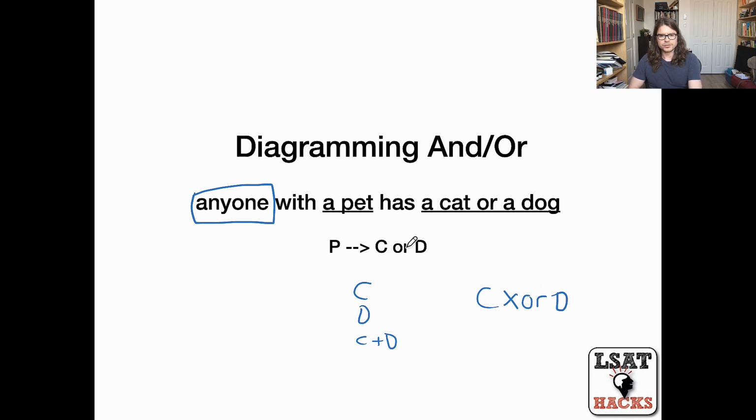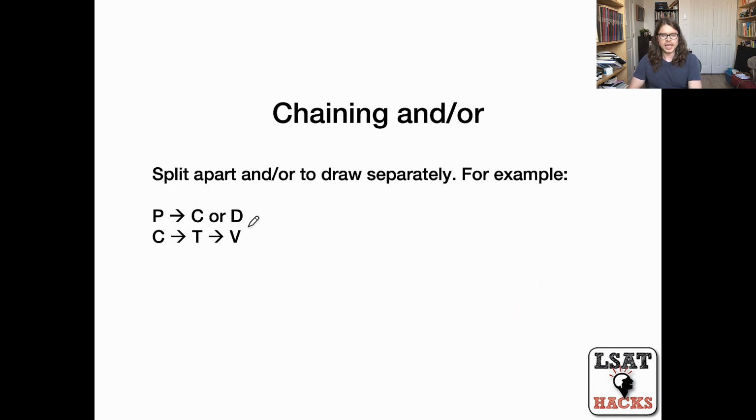Okay, so you can draw that or statement, and you can change stuff together. So this will come up more on logic games, but if you say we have the statement, if you have a cat, then it has a tail and has vertebra, you can draw the statement like this. Pet, you have a cat or a dog, and if you're a cat, you have a tail, you have vertebra.